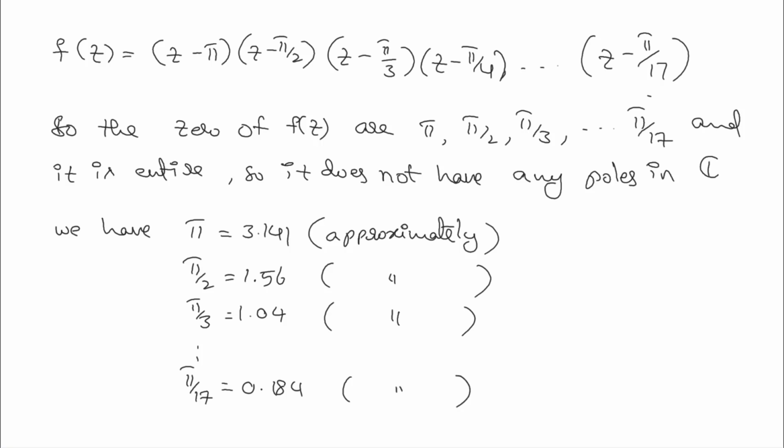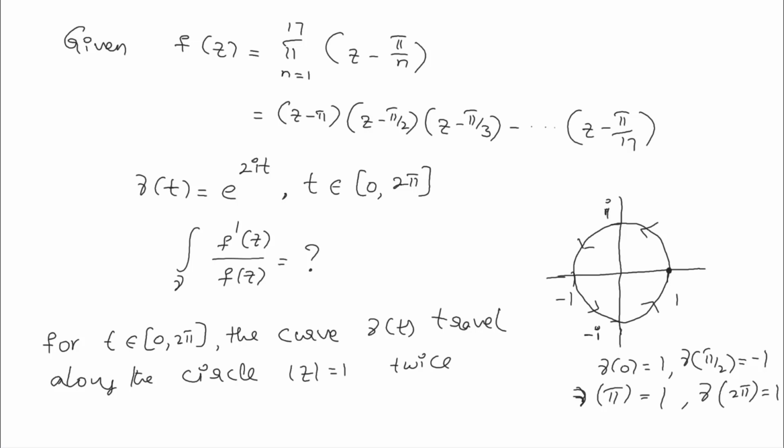So what does this mean? Out of all those zeros, the points lie in this way. Let me take this point as 2, this point as 3.